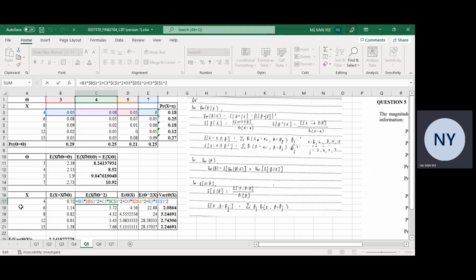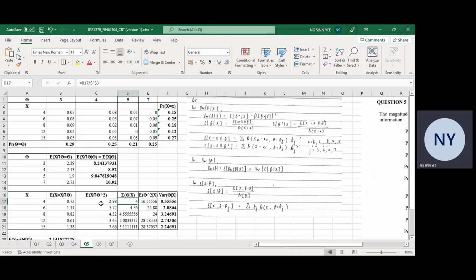For example, in this row, we are trying to find the expected value of x equals to 4 and data square. So we just take the joint probability of x equals to 4 and data equals to different data, and we times it with the data square accordingly, and we will be able to get the expected value of x equals to x and data square.